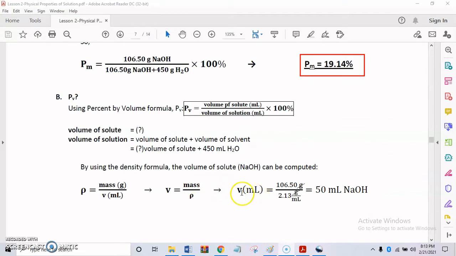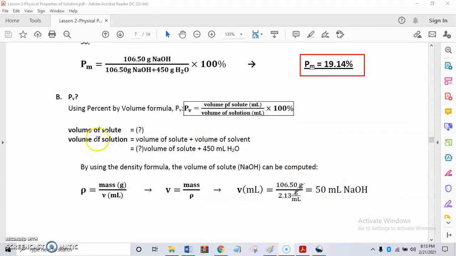Okay? So, we input that. The mass of the sodium hydroxide is 106.5 grams and the density is 2.13 grams per ml. You cross out the grams, matitira is milliliter. So, 106.50 divided by 2.13 equals 50 ml sodium hydroxide.